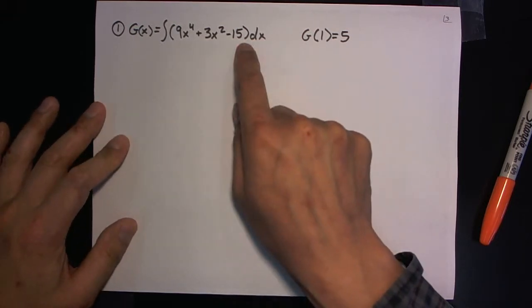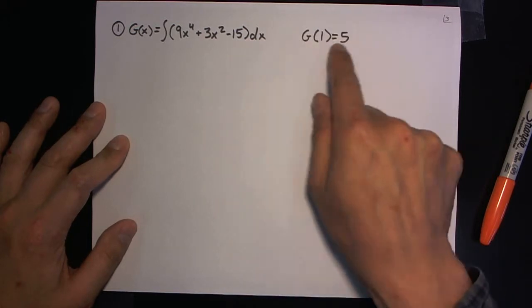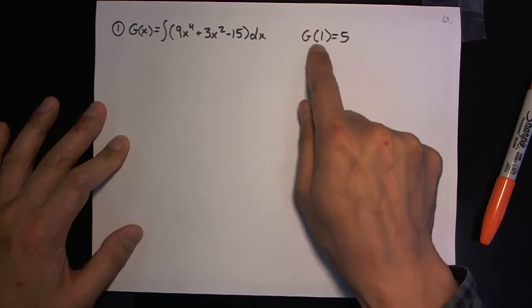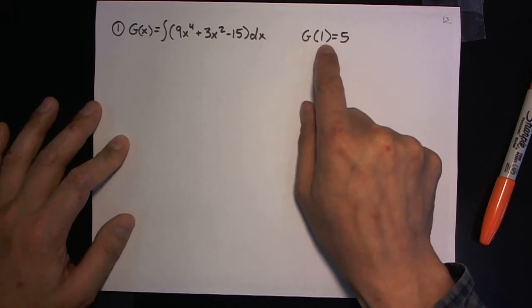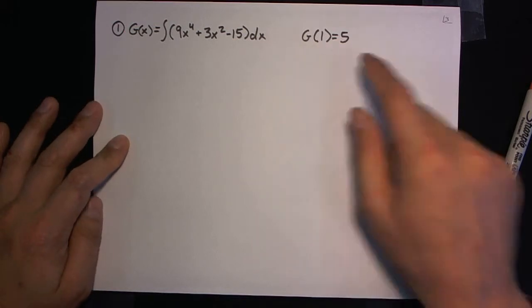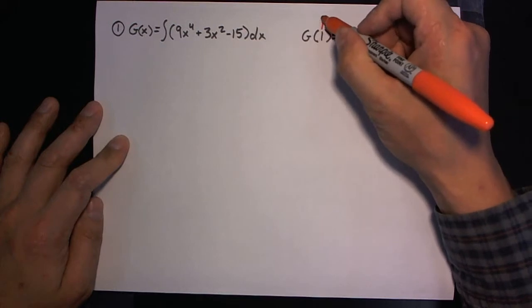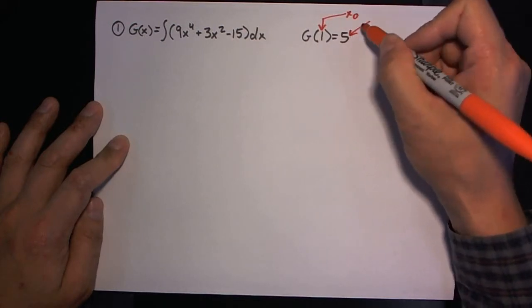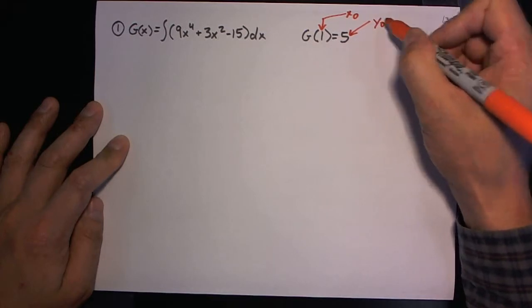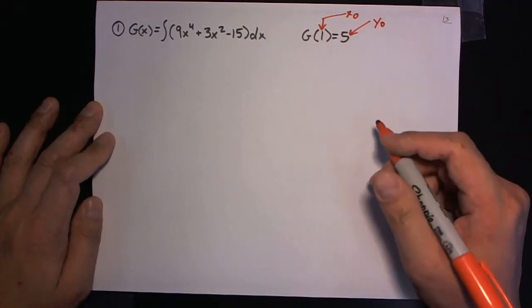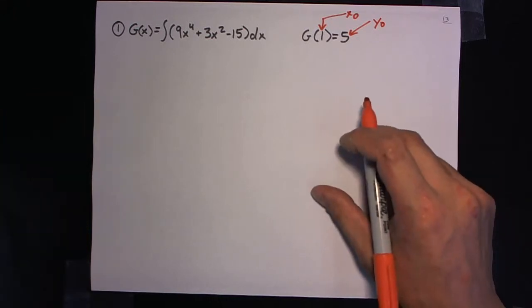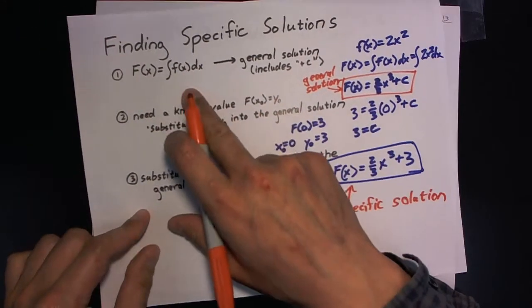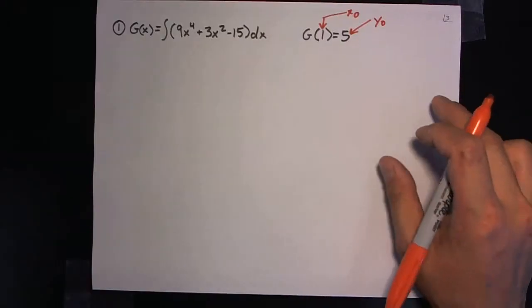So you'll get something you have to take the integral of, and the key additional piece of information is the value of the x-coordinate of the function, that's going to be your x0, and the corresponding y-coordinate of the function. That's your y0.